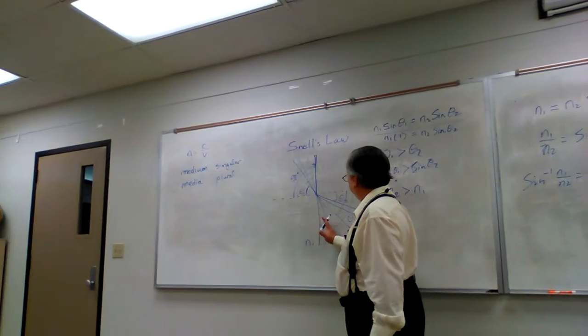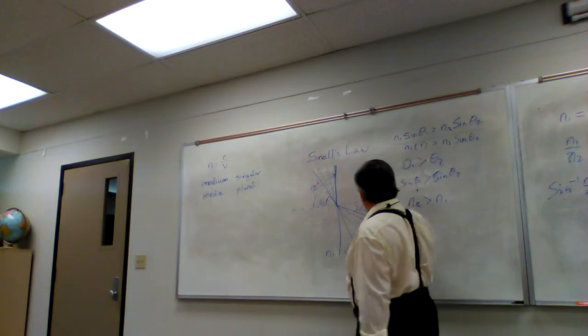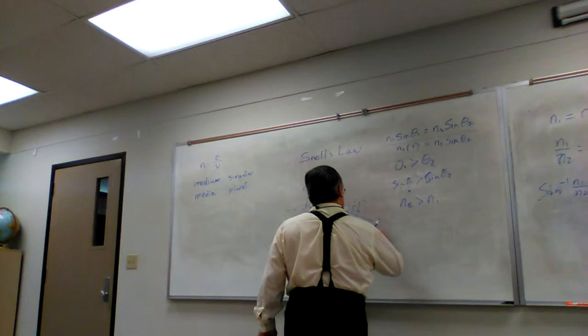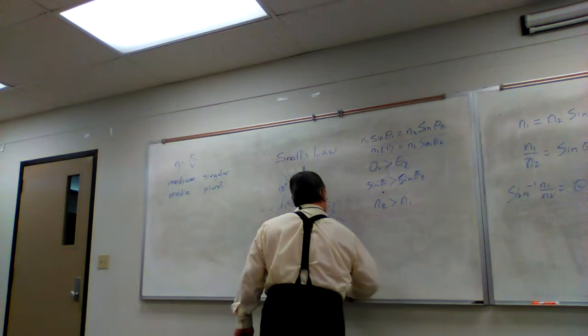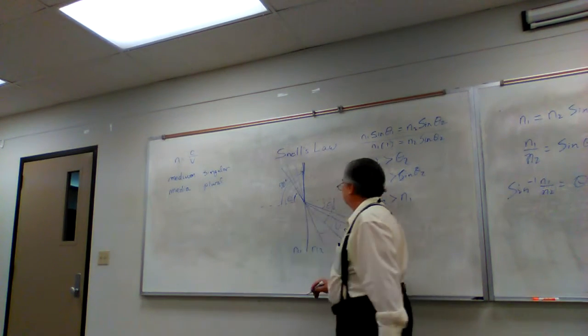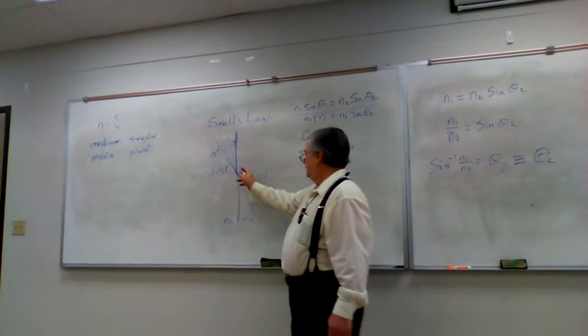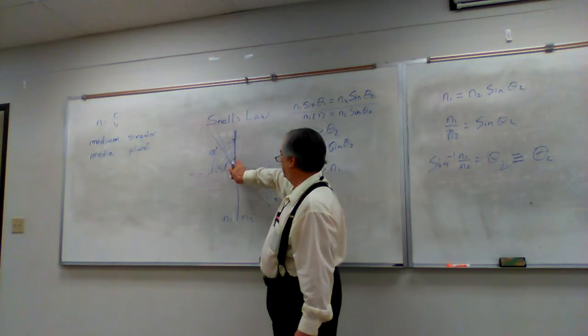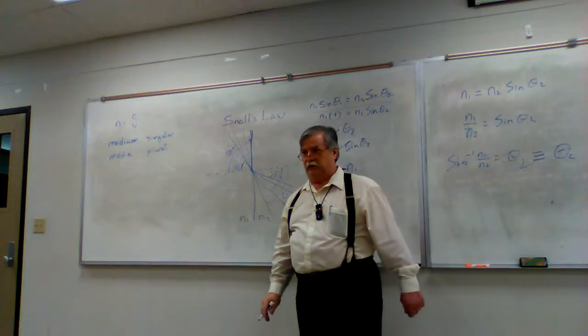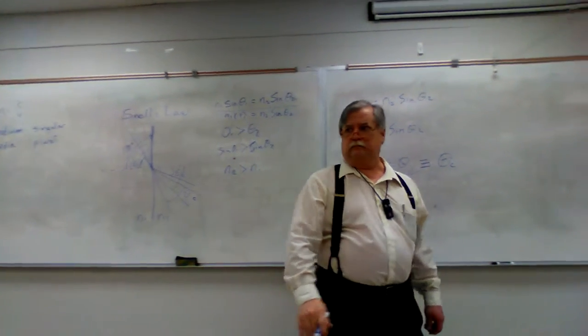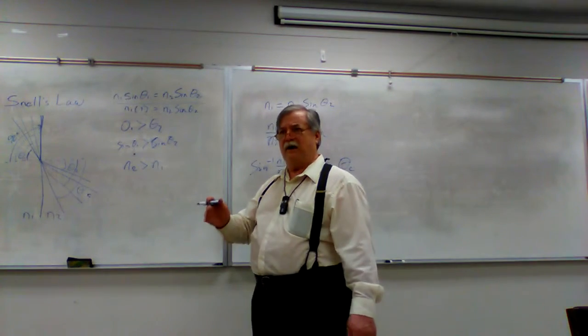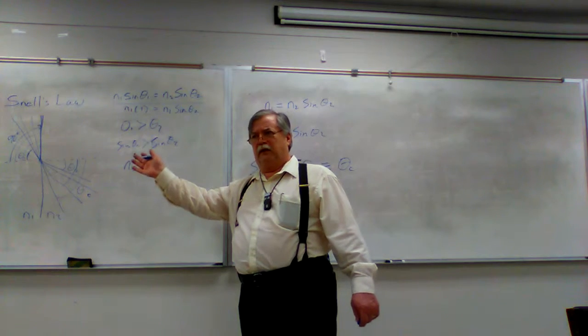If you get any further than that theta sub c, that critical angle theta, then this refracted light would have to bend more than 90 degrees. Well, what would be the sine of more than 90 degrees?